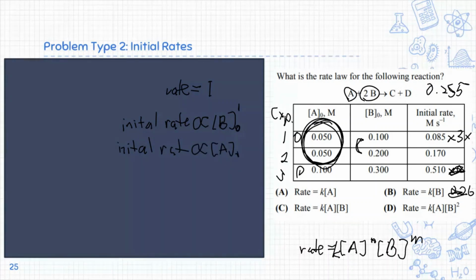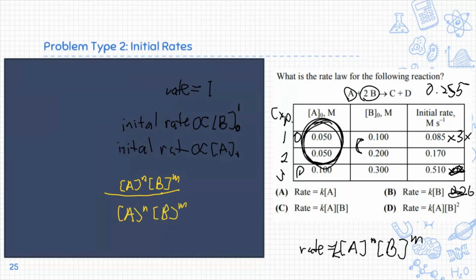Now, there is a more general way of doing this, and that is comparing the two mathematically in an equation. So that would be like this, right? Where we plug in two different values, but one of the concentrations is constant, like in this case, so we can cancel them out.